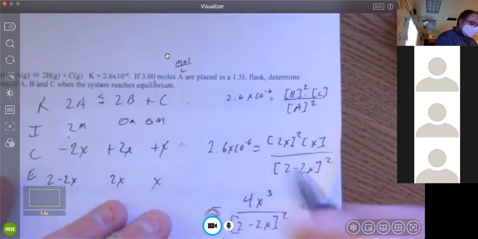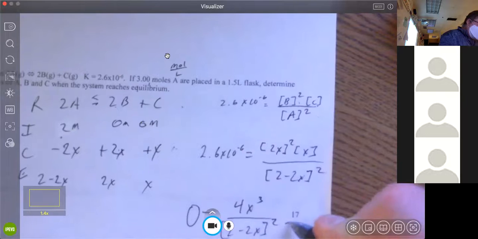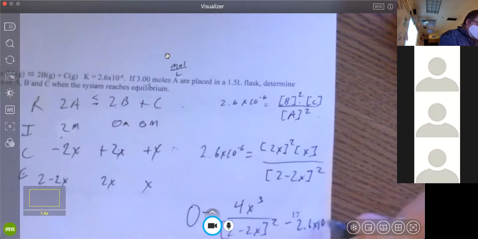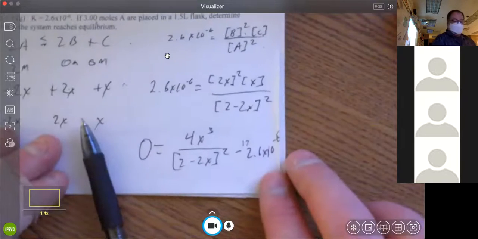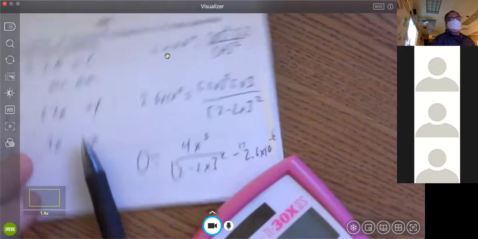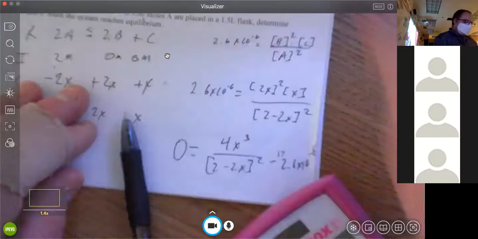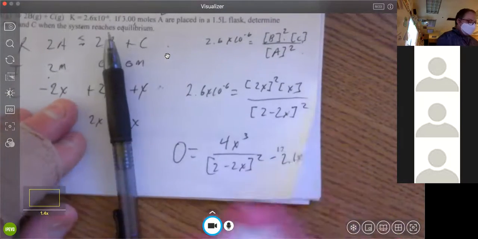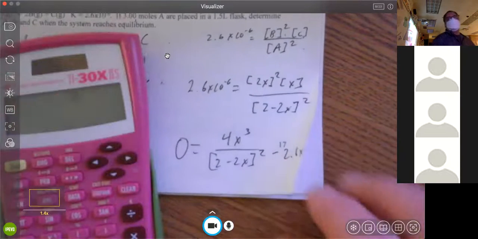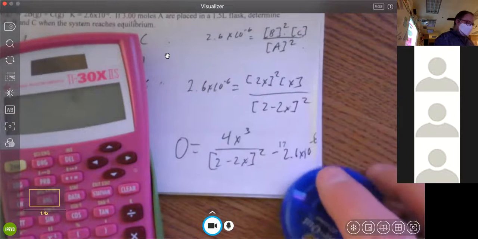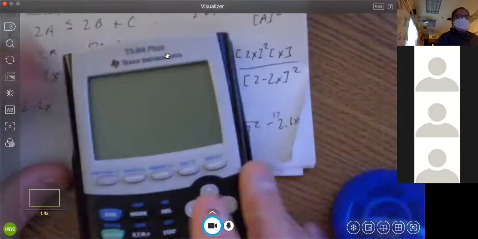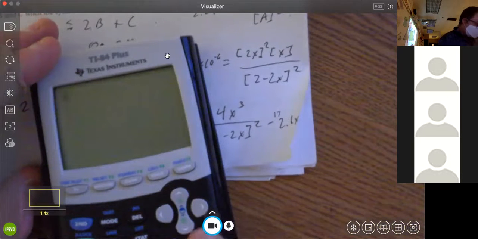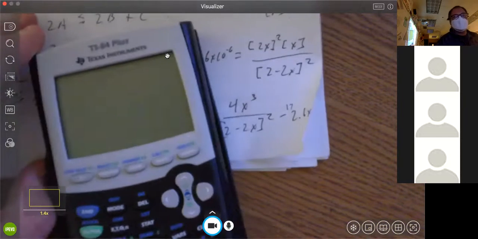Now here's the deal. We can set this equal to 0, and we can take 2.6 times 10 to the negative 6. If you want, you can have a heyday of math on this, right? But these calculators have a function called the solver. So we're going to try to use that. Hopefully I can do this, right? So grab that calculator, and you're probably going to want to try this like 6 times a night.